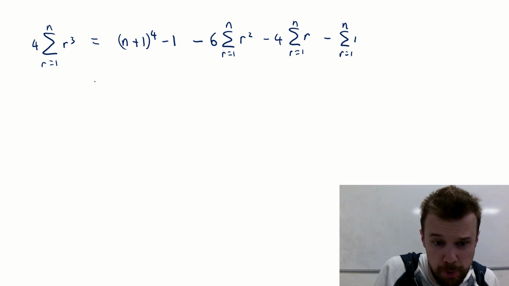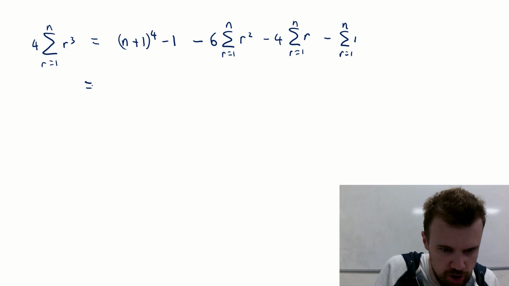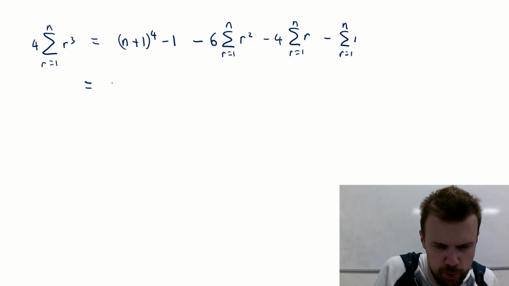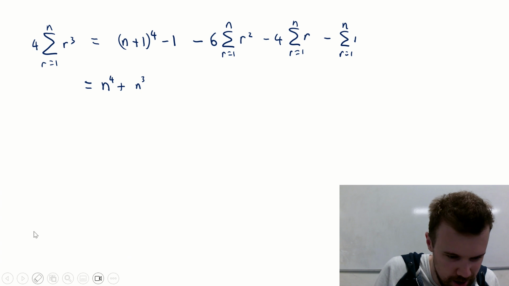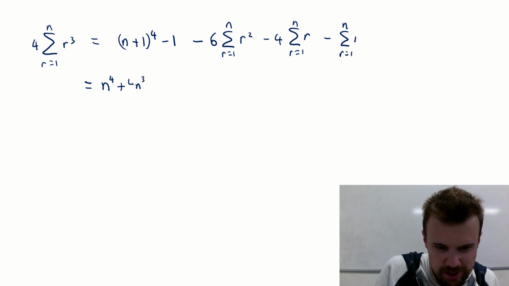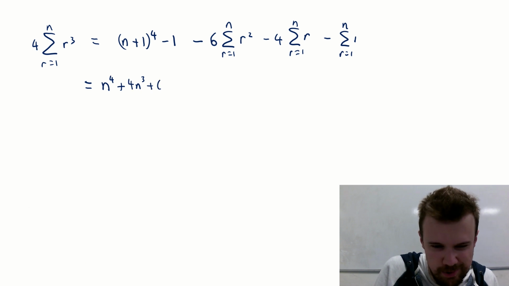So we could start plugging all the stuff in that we've got so far. So we've got the n plus 1 to the power 4. We can multiply those brackets there. Again, binomial expansion, so just n to the 4 plus 4n cubed plus 6n squared plus 4n plus 1 minus 1.